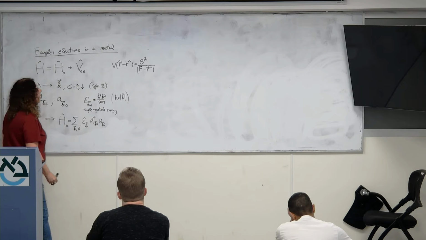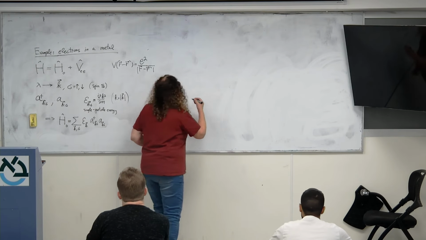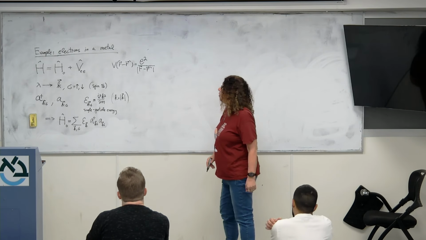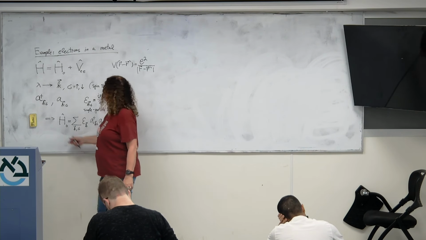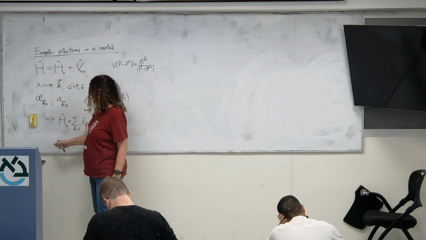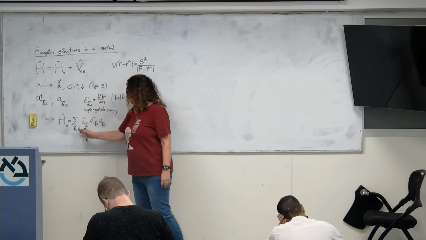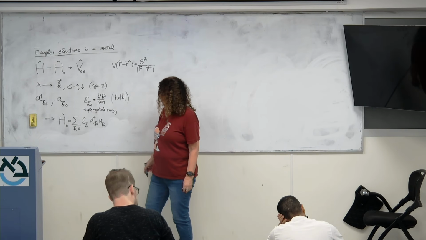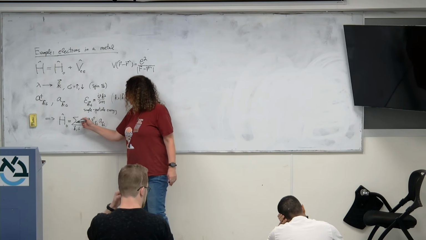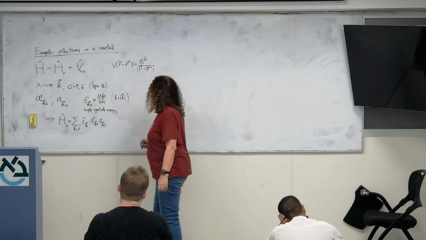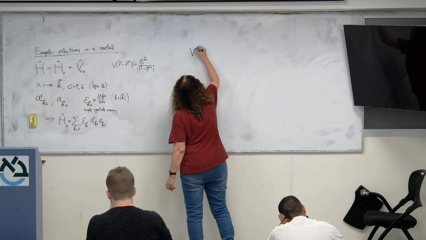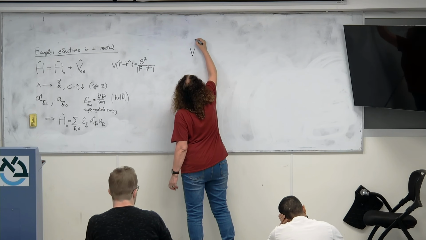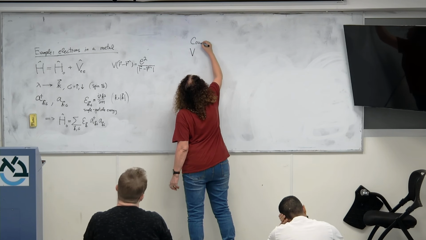Okay, so let me write the Coulomb interaction. Again, the problem is we have electrons in a metal. It has a one body Hamiltonian that is diagonal in momentum space. And we want to start from an expression for the Coulomb interactions.